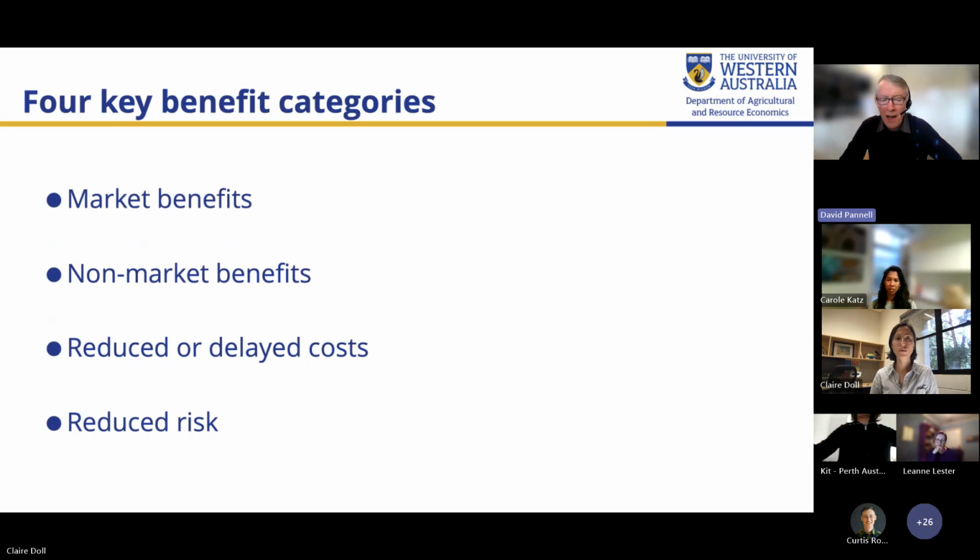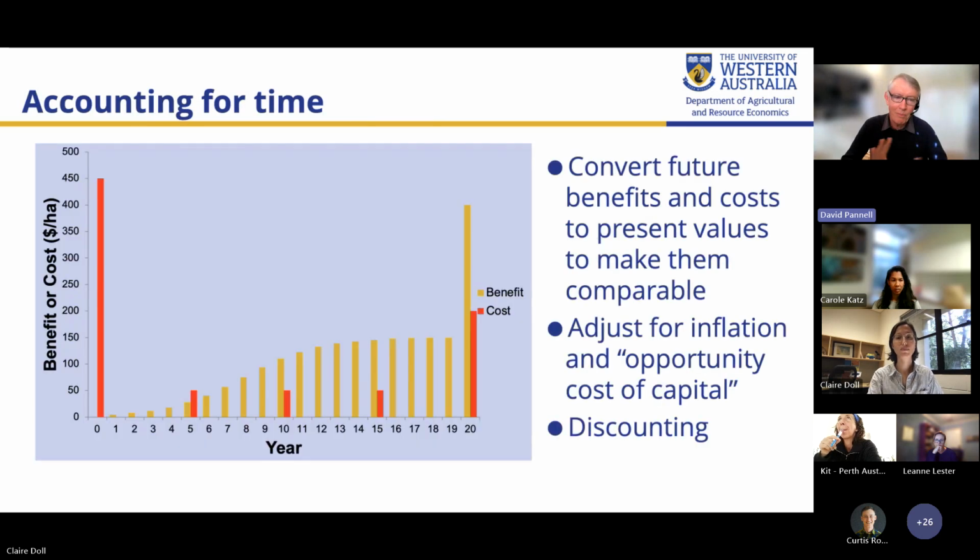These are market benefits, or you might call them simple financial benefits; non-market benefits, the more intangible non-financial benefits; the issue of reduced or delayed costs that can occur as a result of improving something through a project; or the potential to reduce some risk. Perhaps a project would reduce the probability of a flood or reduce the consequence of a flood if it occurred. So that's another one. All of these are potentially relevant.